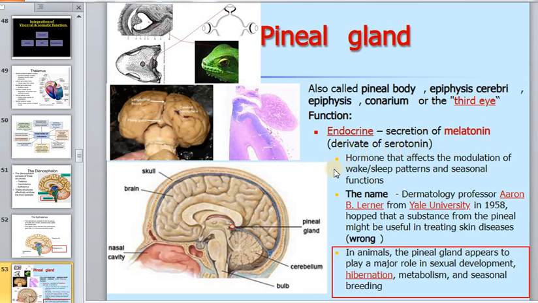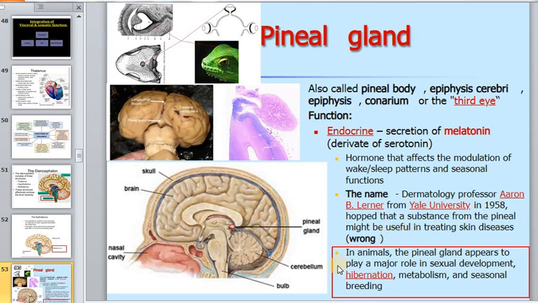It is a hormone that affects the modulation of wake and sleep patterns and seasonal function, especially for some kinds of animals. It was named in the middle of the 19th century, the 20th century. Hope is that a substance from the pineal may be useful in treating skin disease.